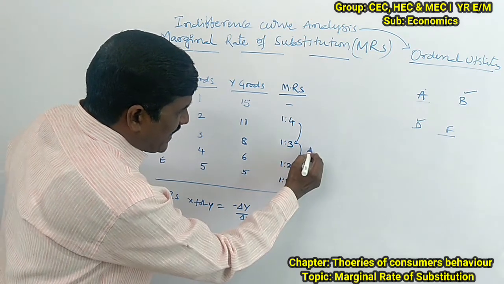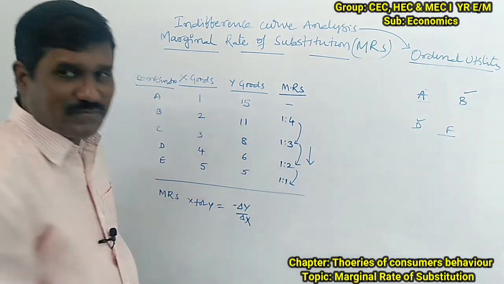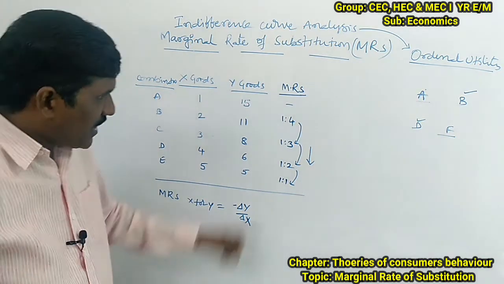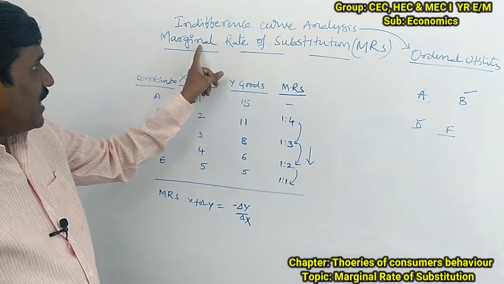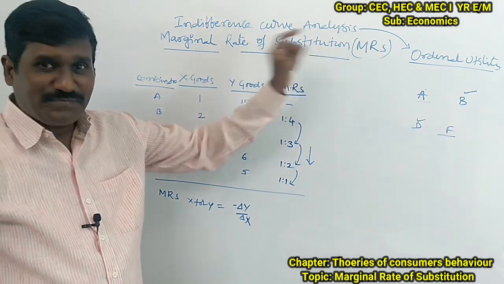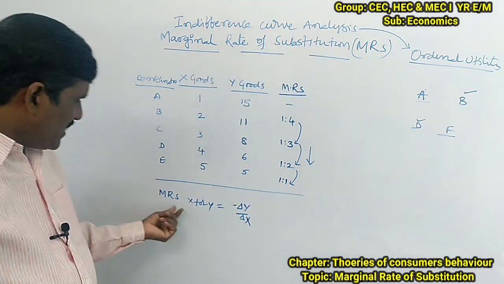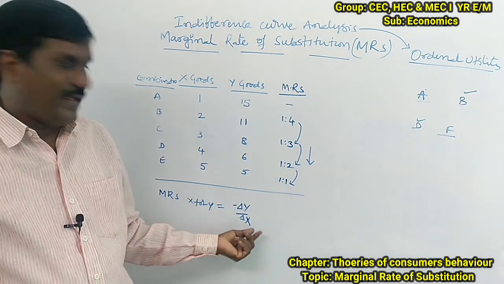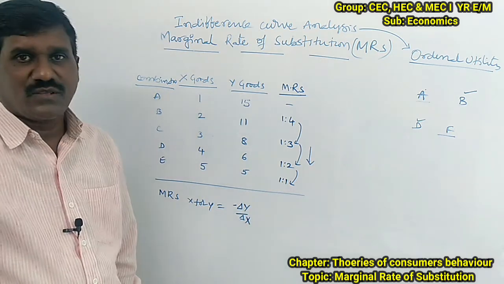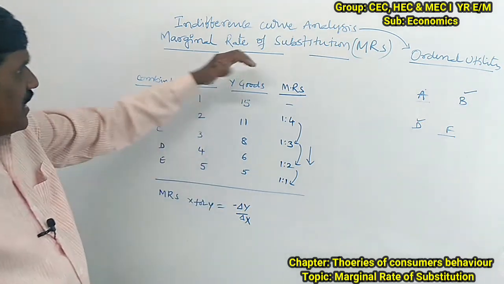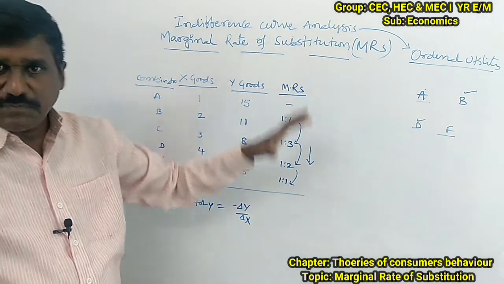The marginal rate is diminishing. Marginal means additional. So the marginal rate of substitution, MRS of x for y, is delta y by delta x.